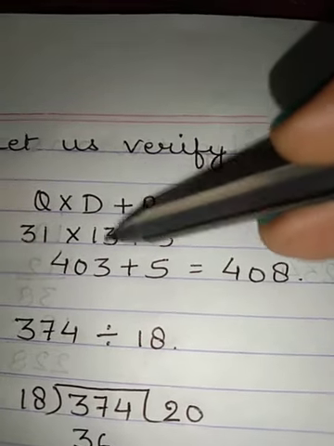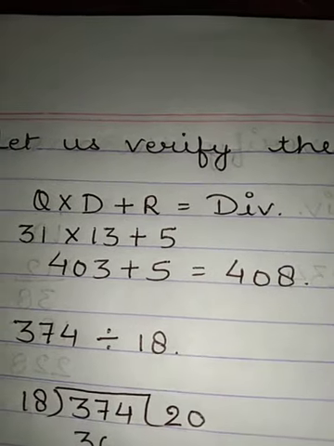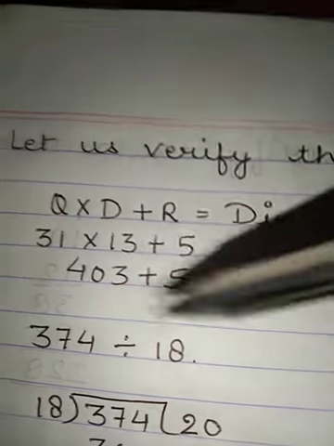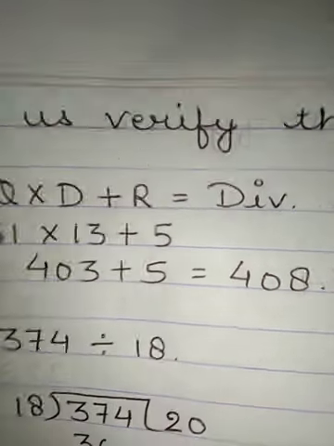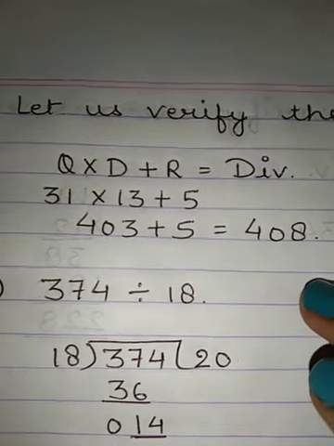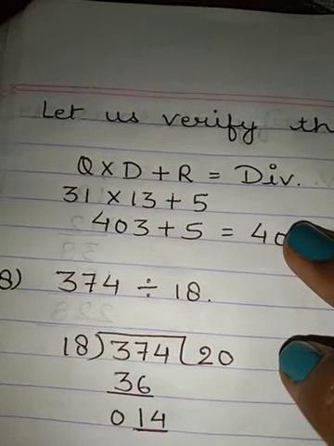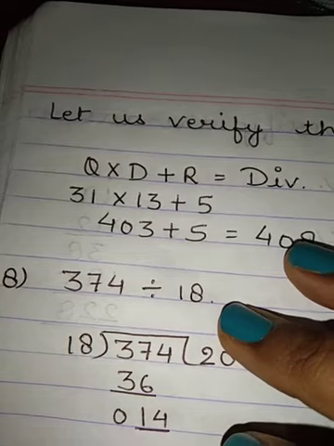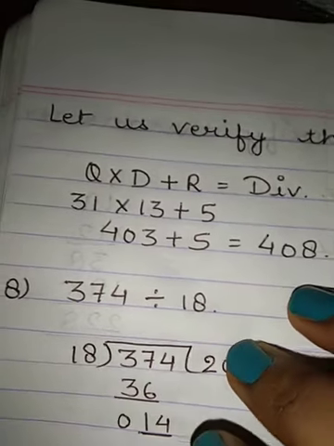You can multiply it at the side, in rough column. Now 403 plus 5 is equal to 408. This 408 is equal to the dividend given in the question.